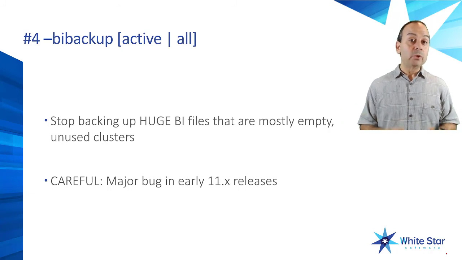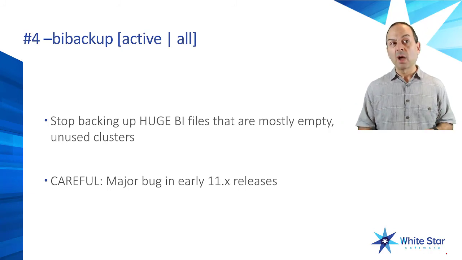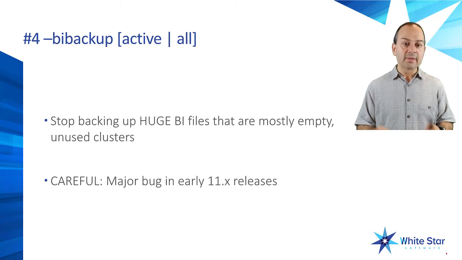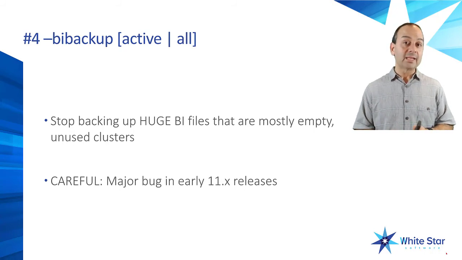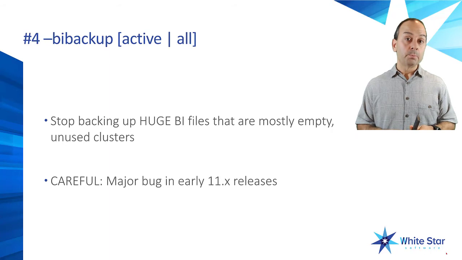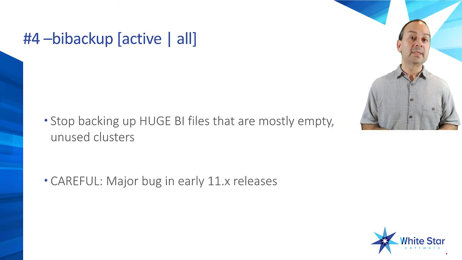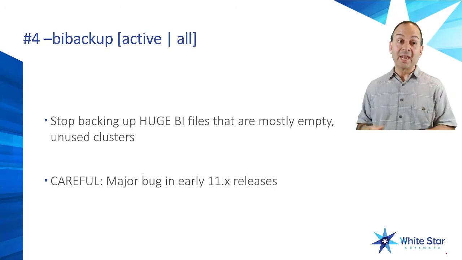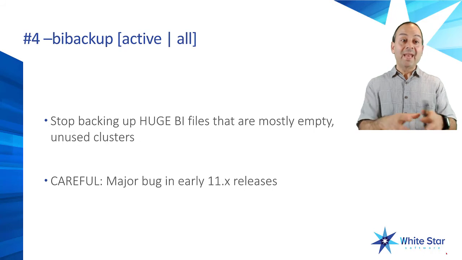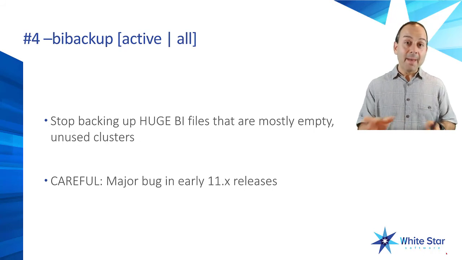Now do watch out if you're running 11.4, 11.5, somewhere around there, the early 11.x releases, there was a bug where Pro Restore would not work properly under certain circumstances. So the backup is good, but the Pro Restore is unable to restore the backup that has these BI backup active process used.